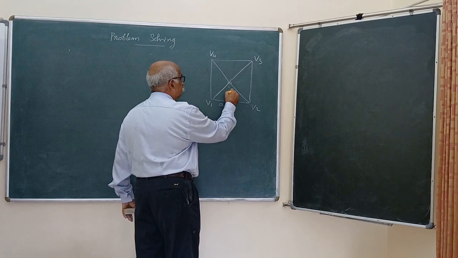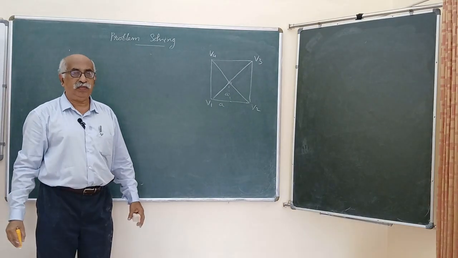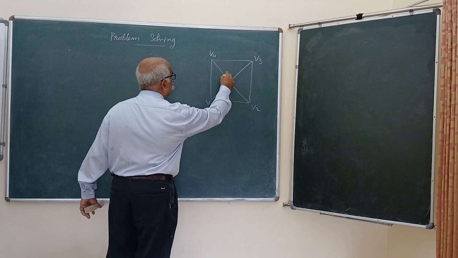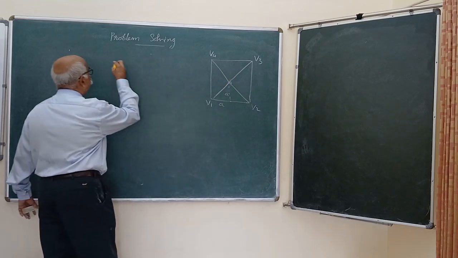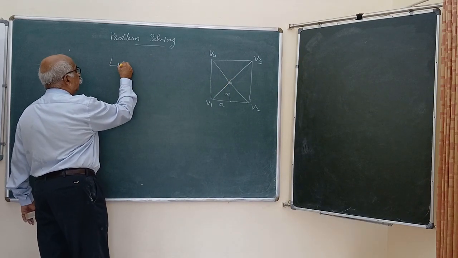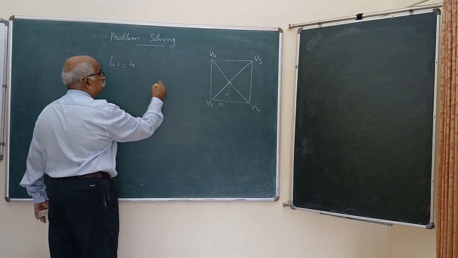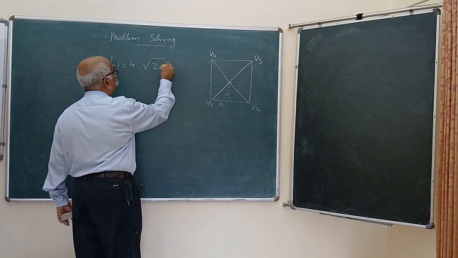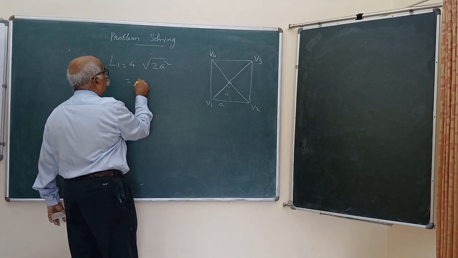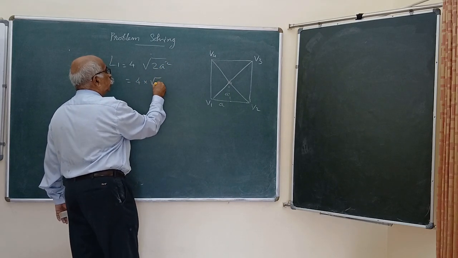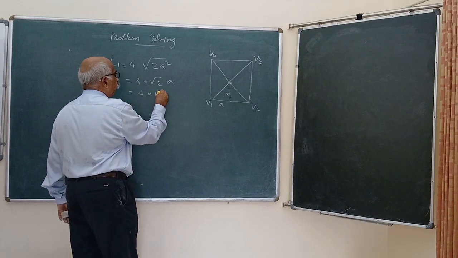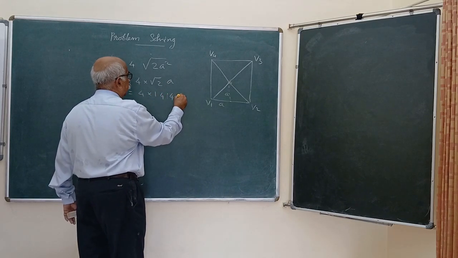This distance becomes A. So the total distance from the villages to the well, L1, is equal to 4 times square root of 2A squared. This is equal to 4 times root 2 A, which is equal to 4 times 1.414 A.